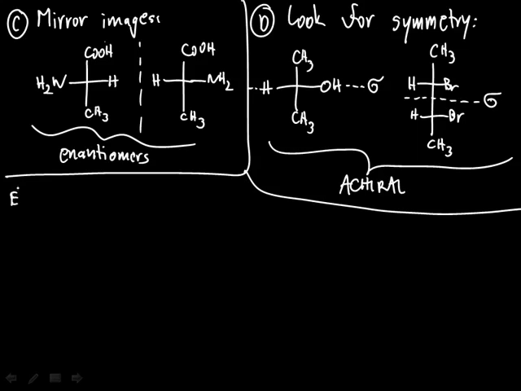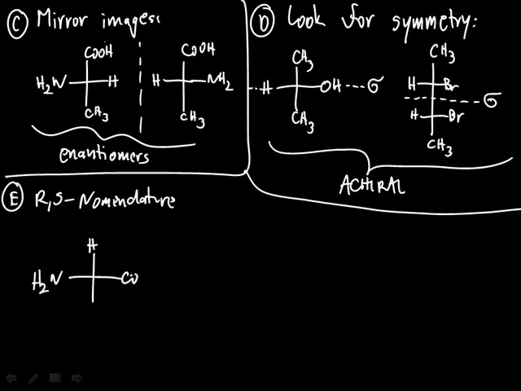Finally, if we are to look for RS nomenclature, we can do that as well in our Fischer structures. So again, if we have a molecule which looks like this. The thing that we must remember about our RS nomenclature is that our lowest priority substituent has to point backwards.